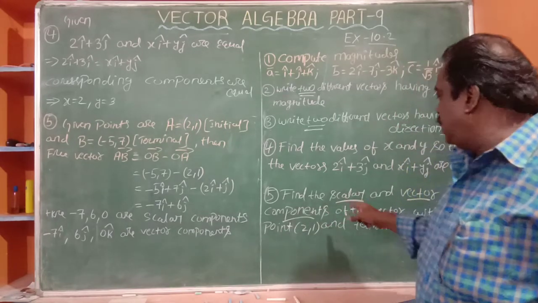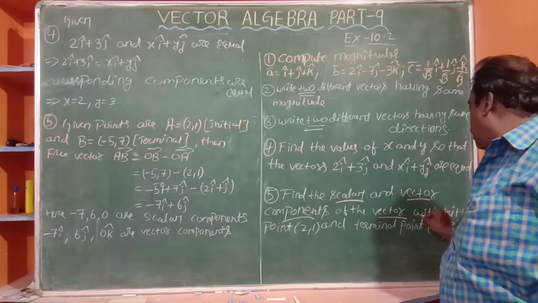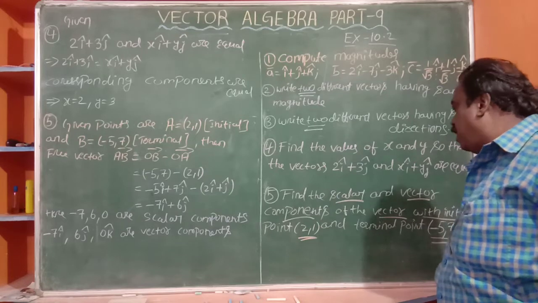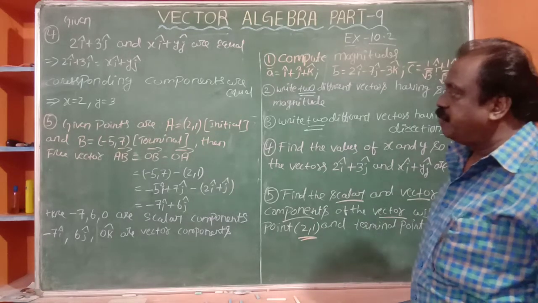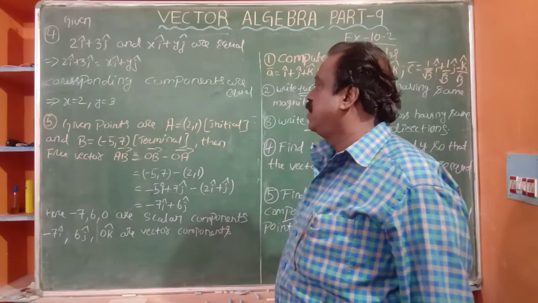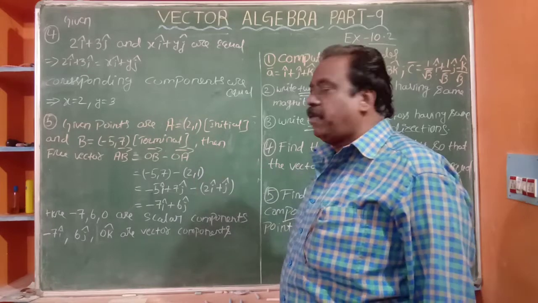But here, find the scalar and vector components of a vector joining the initial point and terminal point. We are given the initial point and terminal point. You see, given points: A, 2, 1 is the initial point, and B, 5, 7 is the terminal point.